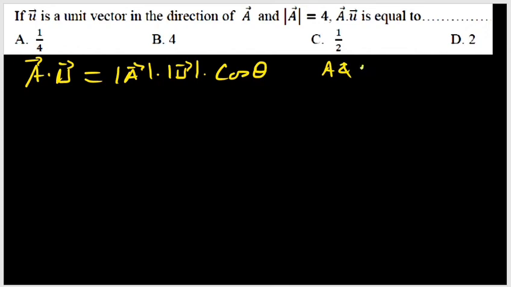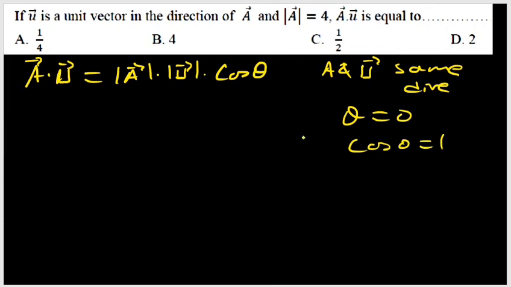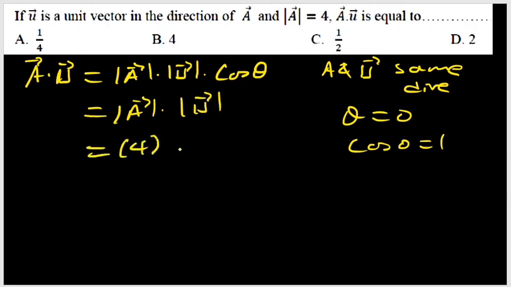That means the angle between them will be 0, and cosine 0 is 1. So this is the same as just magnitude of A times magnitude of u. The magnitude of A is given as 4, and the magnitude of u, since it's a unit vector, is 1. When you multiply, the answer will be just 4, which is B.